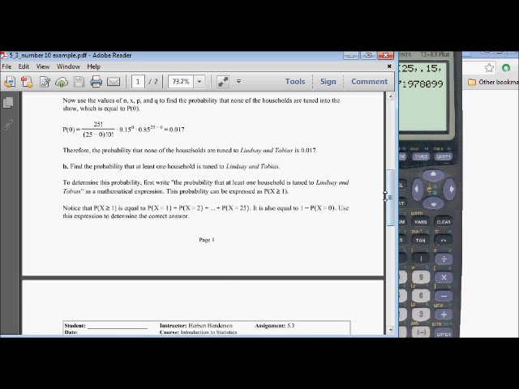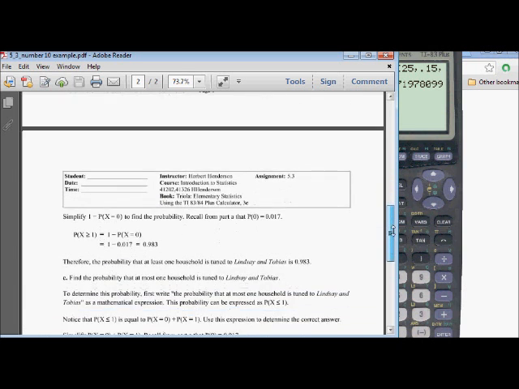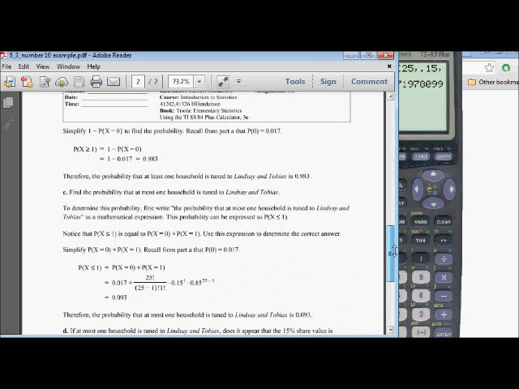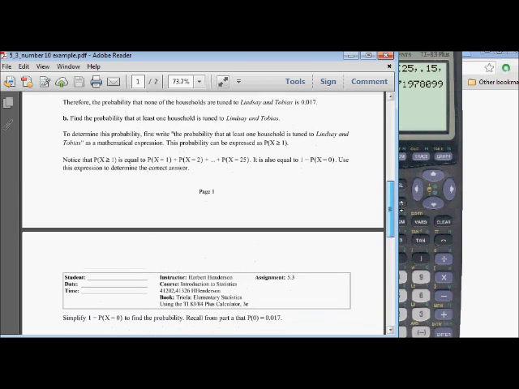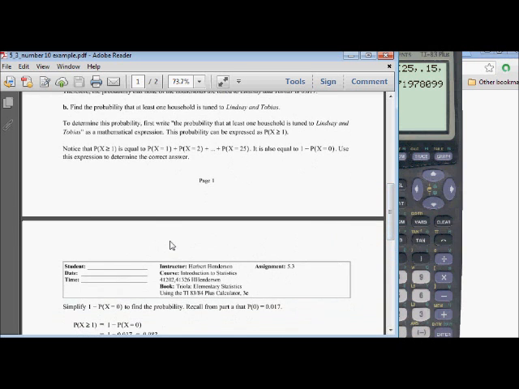And we're going to part B. And here's part B. Part B is at least one household is tuned in.